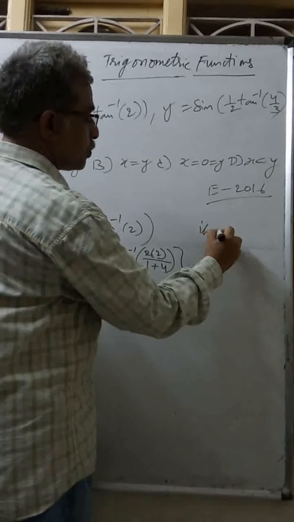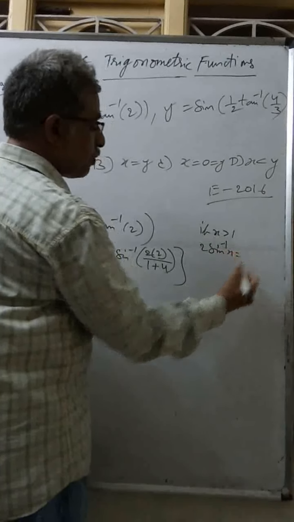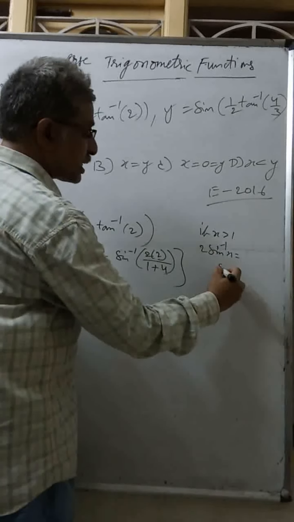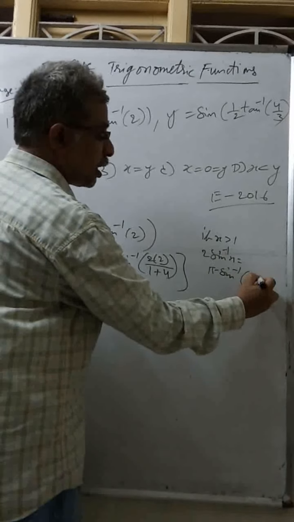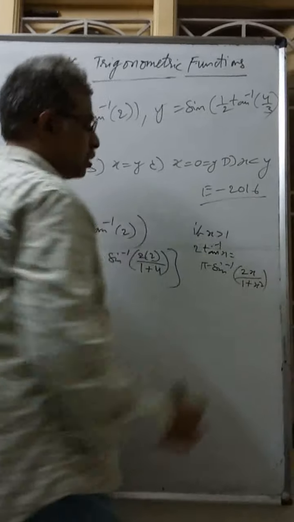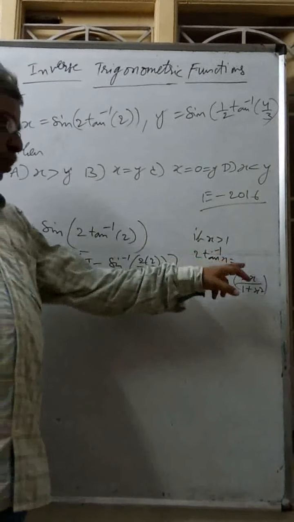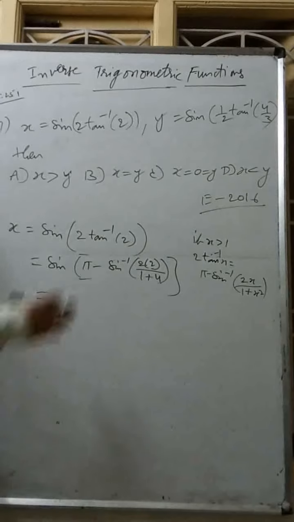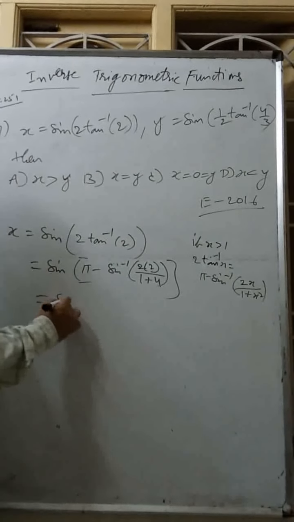If x is more than 1, 2 tan inverse x formula is pi minus sin inverse of 2x by 1 plus x square, the formula I am using here. So sin of 180 minus theta is sin theta only.